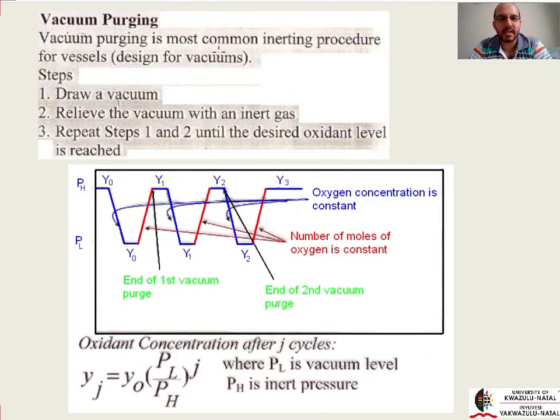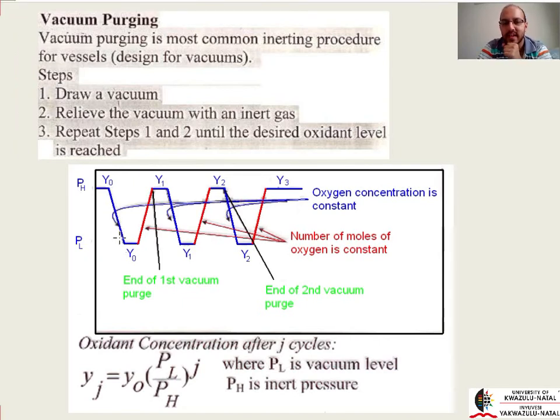So we have vacuum purging. So you draw a vacuum. Let's say if this is your actual pressure, you draw a vacuum. And as you draw that vacuum, remember the air is actually getting sucked out of the vessel. The concentration of the oxygen in that air is not changing at all. However, the amount of moles of oxygen that are inside that vessel is actually decreasing.